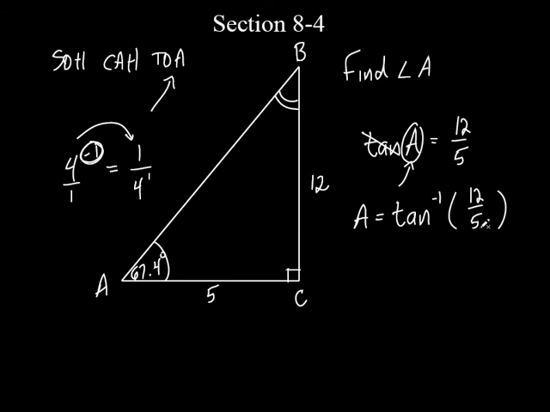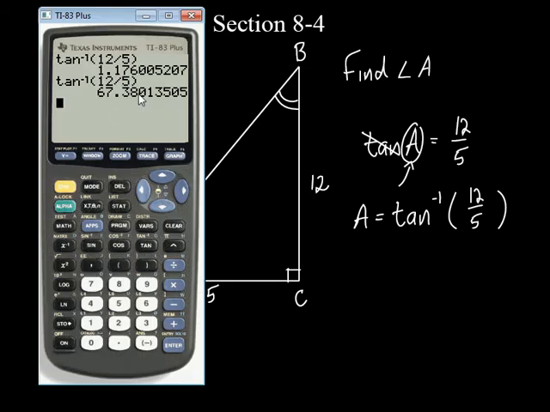Hit 12 divided by 5, hit equals. Make sure you hit equals, and you get some number, like 2 point something, right? And then once you have that number, you hit second function, then tangent, and you should get your answer. You should get 67.38, blah, blah, blah. You'll get the same exact number as I have right there.